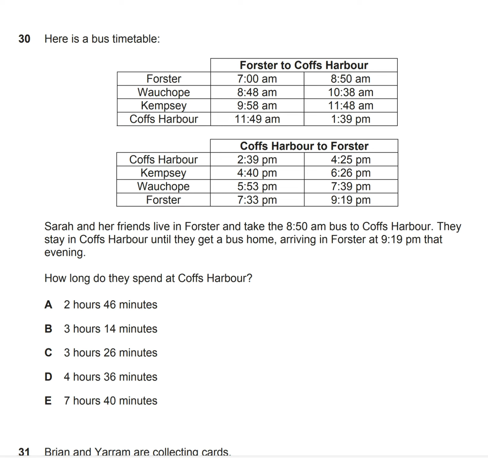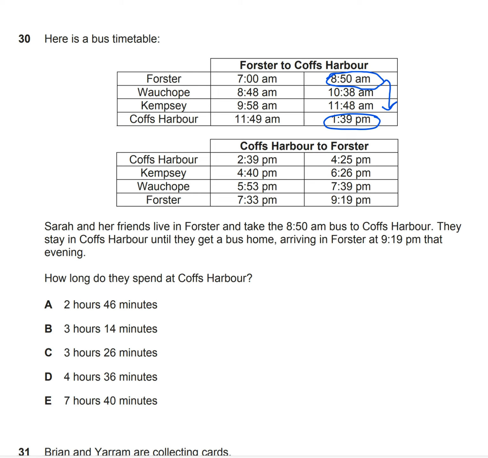Okay, so we take an 8:50 a.m. bus from Forster to Coffs Harbour. Okay, so we can see here from Forster, it'll leave at 8:50 and it'll arrive at Coffs Harbour by 1:39.